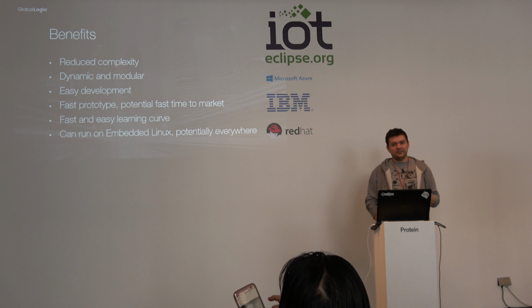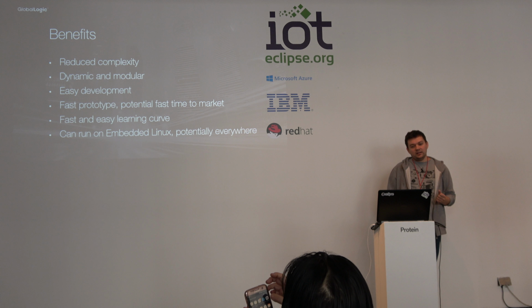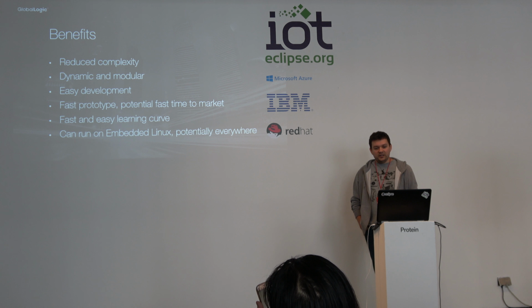What are the benefits of using Eclipse Kura and Mosquitto in our scenario? It reduced complexity. If you want to send data to the cloud, you need to think about many things, for example, the protocol, security layer, some caching mechanism, reconnecting mechanism.